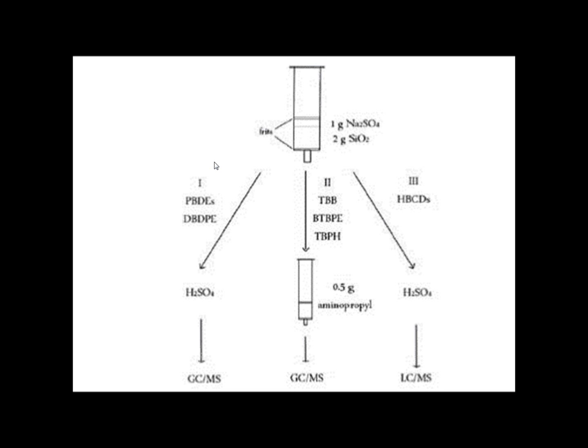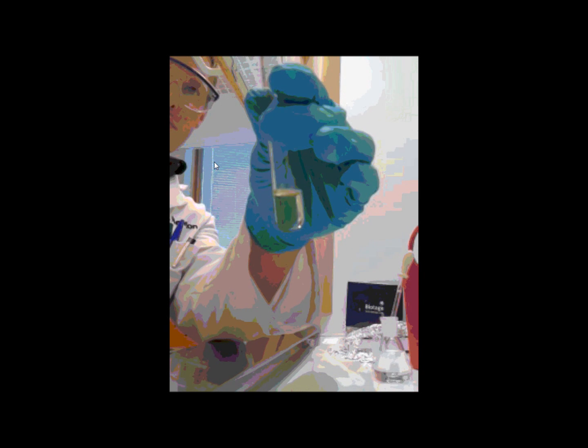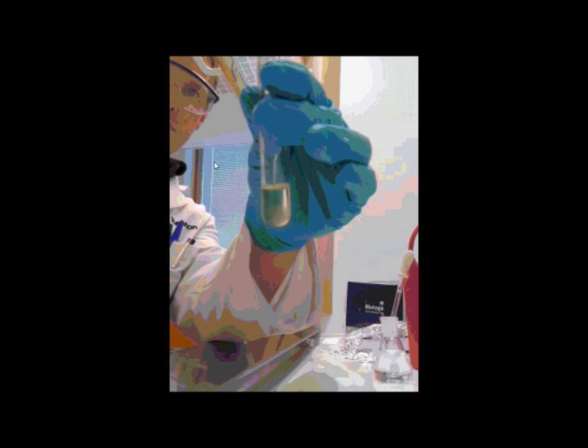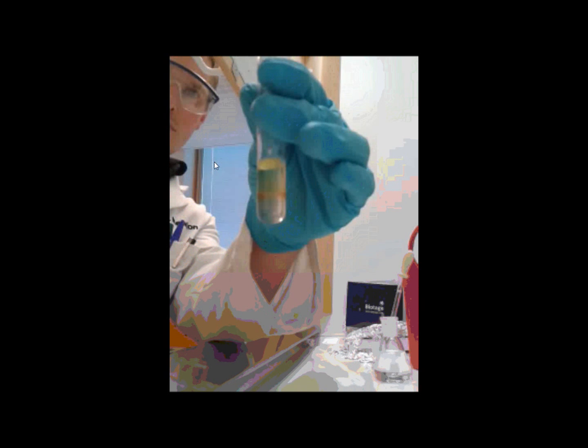3 fractions were taken as shown in this schematic from the publication method. The elution of several flame retardants was checked, and they were found to come out in fraction 1. Several emerging flame retardants, that is. Fractions 1 and 3 were cleaned up by acid, as shown here, but fraction 2 contained compounds which break down in acids, such as TBB and TBPH, so it was cleaned up further on an aminopropyl column.